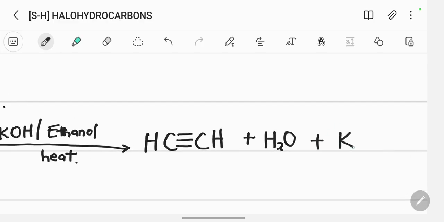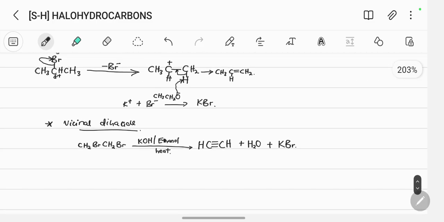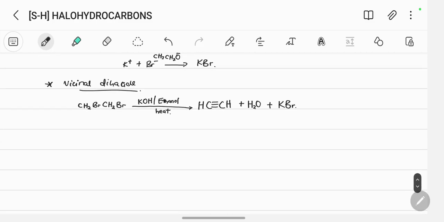So potassium bromide, that is it. For the interest of time, I'm going to skip these mechanisms. Why? I've covered this work earlier, so it's not going to be advantageous for us to repeat concepts.